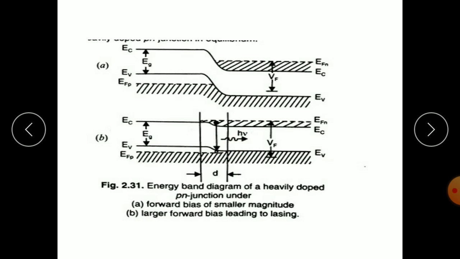So this is the working of photon emission in p and n type material, and this is what happens if we combine p and n type regions in a semiconductor. Thank you.